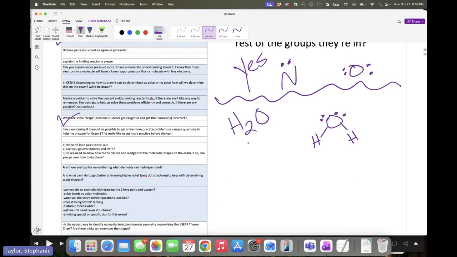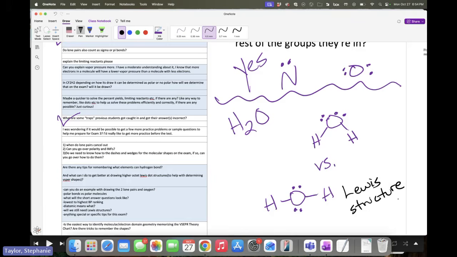But we've been drawing Lewis structures for a really long time. So this also happens. The problem is this thing on the bottom is a Lewis structure. And it is a fine and wonderful Lewis structure.